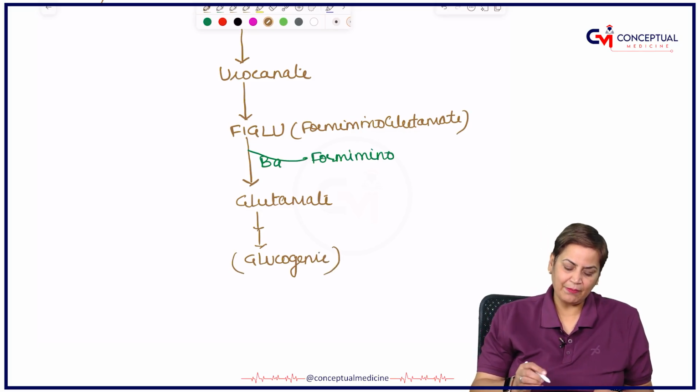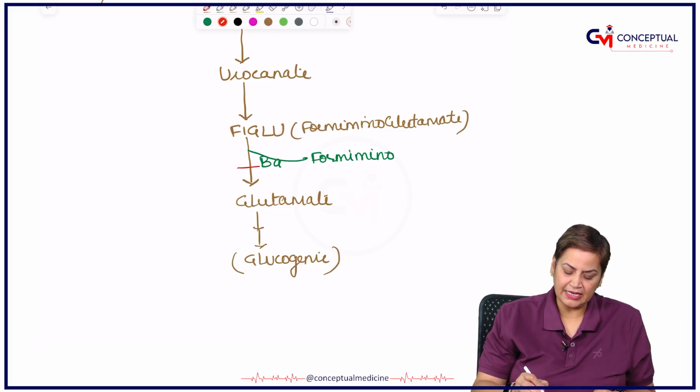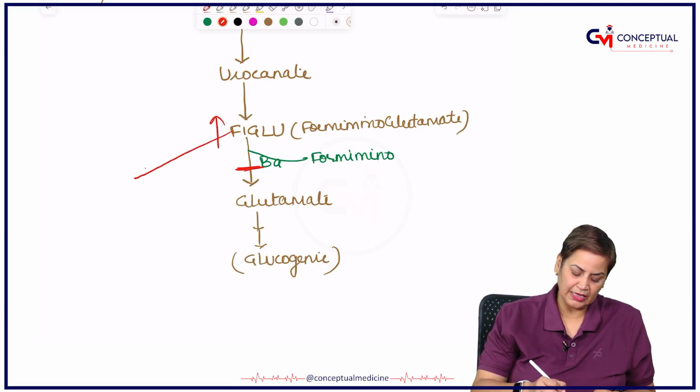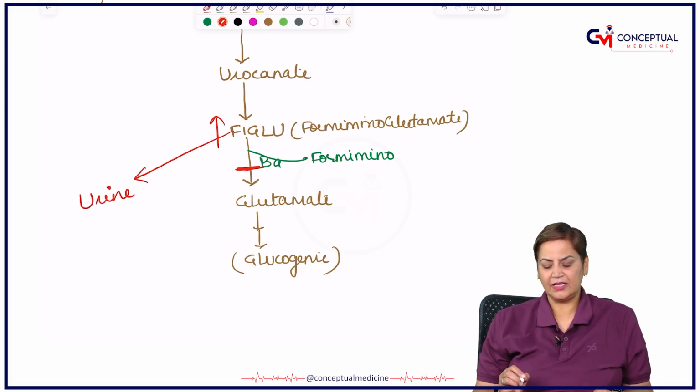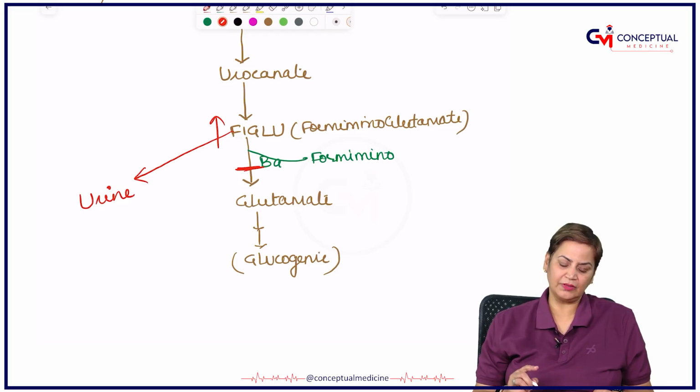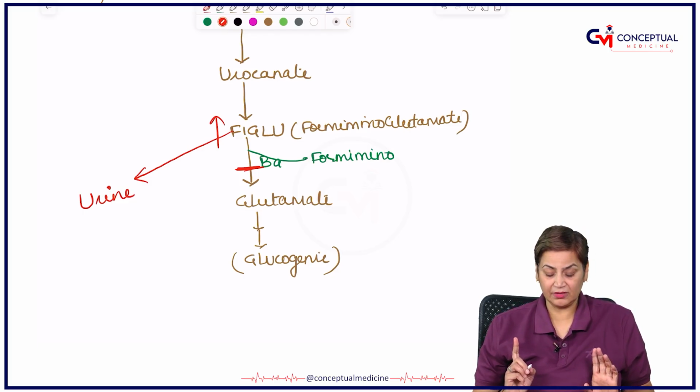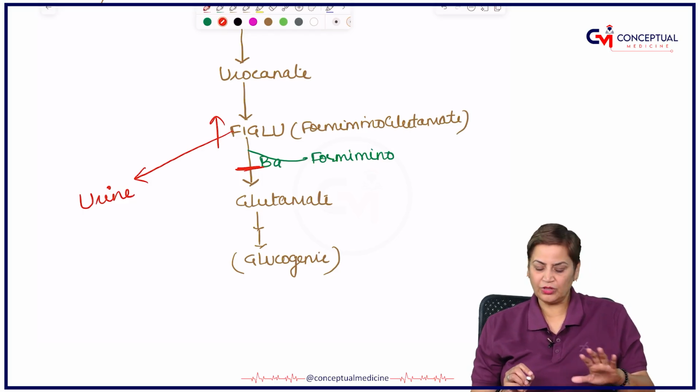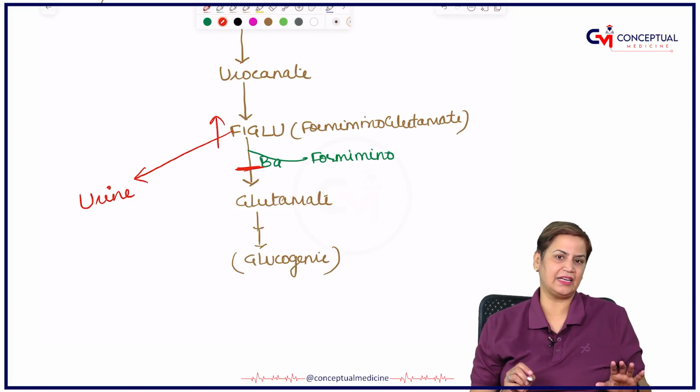So what will happen? We say that if B9 is not there, there is accumulation of FIGLU in urine. Right, this is the most important function of vitamin B9. Okay, so these are the important reactions catalyzed by B9.